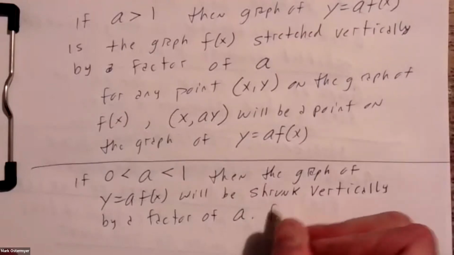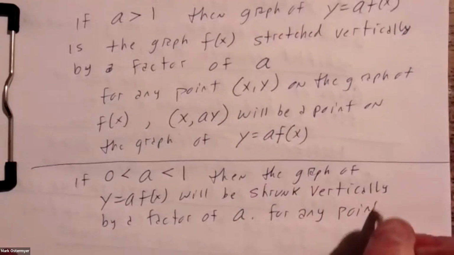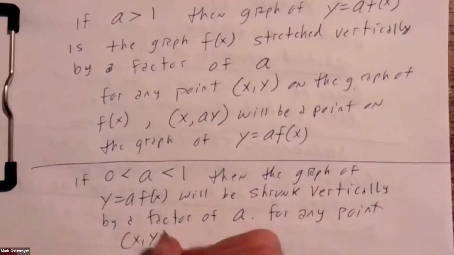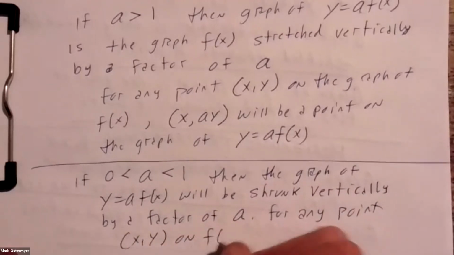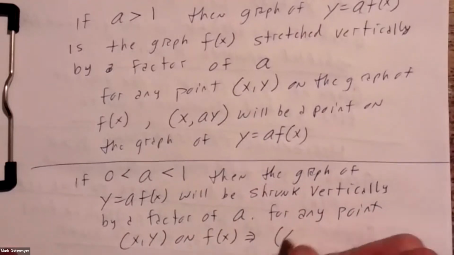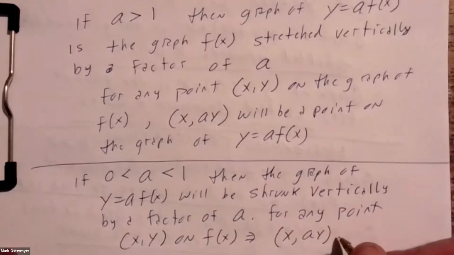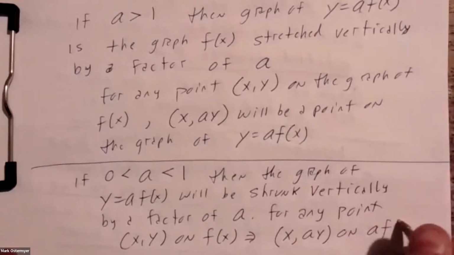In other words, for any point x, y on the graph of f of x, this would imply then that the point x, a y will be on the graph of the new function a times f of x.